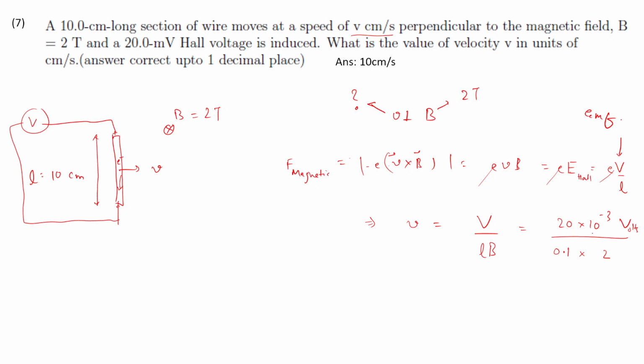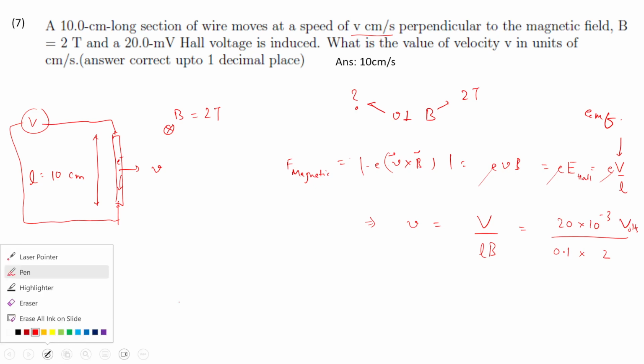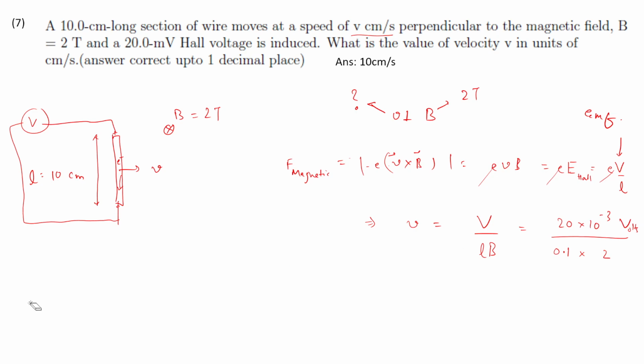So since now everything is in SI unit, you will get the result in SI unit. So what you have is meter per second, or which is nothing but 10 centimeter per second. Okay, so this is your answer.